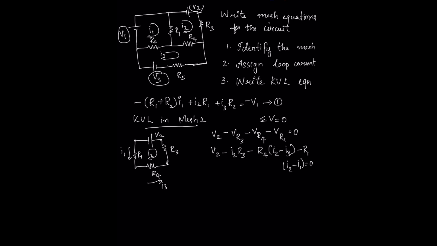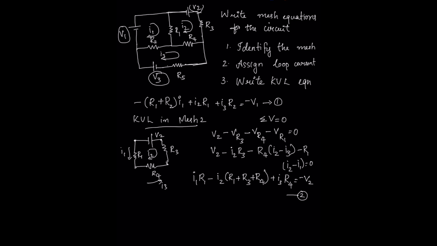Rearranging it, we get I1 R1 minus I2 into R1 plus R3 plus R4 plus I3 R4 is equal to minus V2 as the second equation.